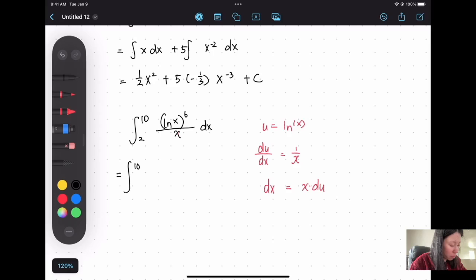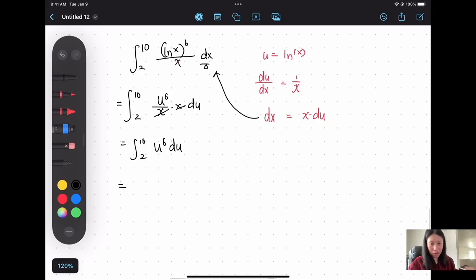Alright, so now let's substitute that into our original integral. So I have from 2 to 10, ln of x equals u to the 6 over x, and dx equals x times du. So simplifying, I have u to the 6 du.